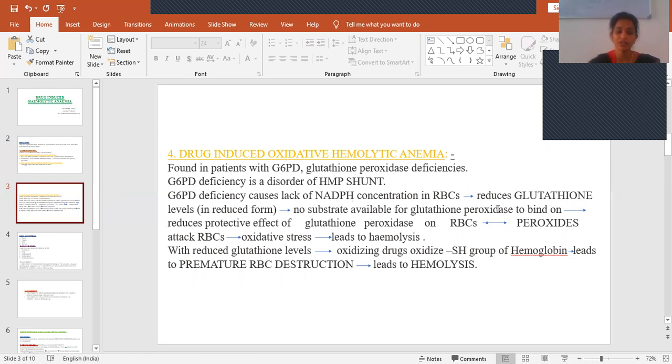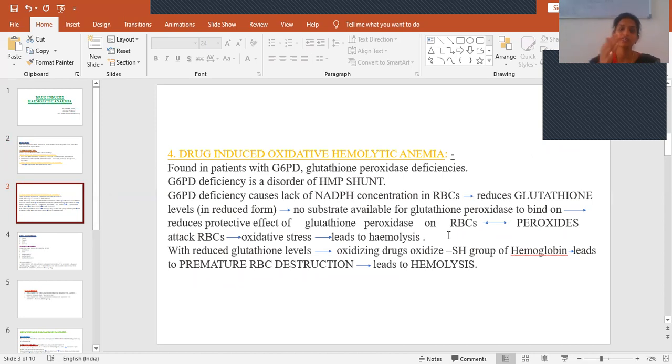So in our body, glutathione levels will be reduced, so that no substrate is available for glutathione peroxidase to bind on. Generally glutathione peroxidase enzyme is produced, but as glutathione is less, instead of binding to glutathione, as it is not available, it will affect the red blood cells.